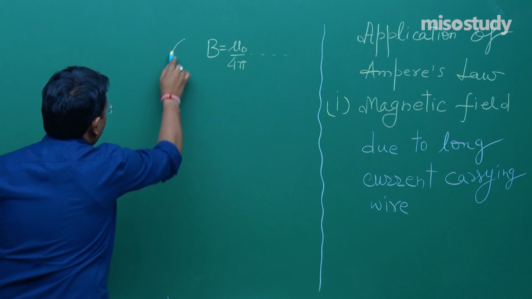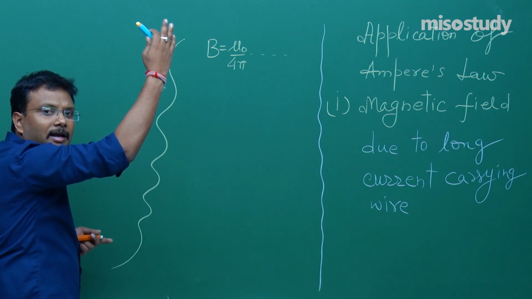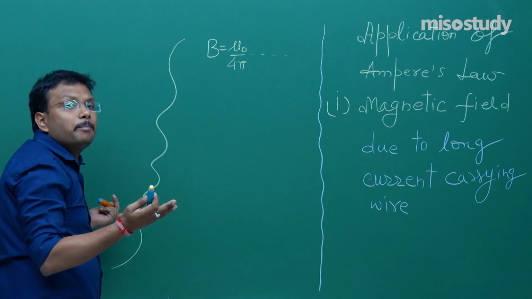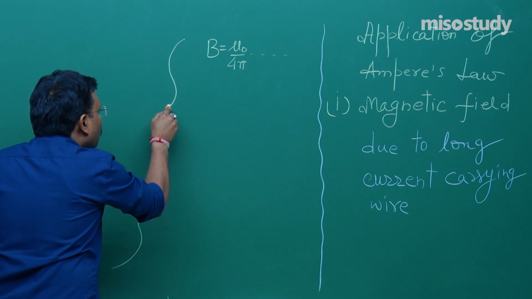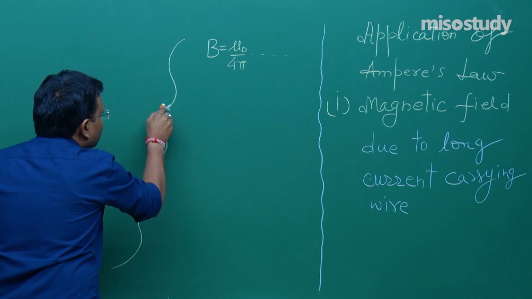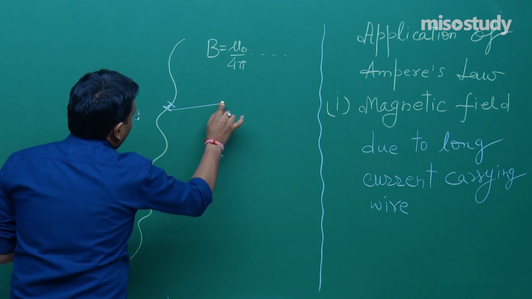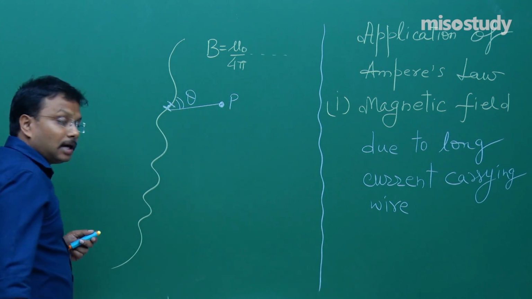Let us say I have a wire of any orbit shape and the length of the wire is enormous. Infinite means we cannot measure it. And then for this small portion like this, you want to find the magnetic field at any point P situated at angle theta.